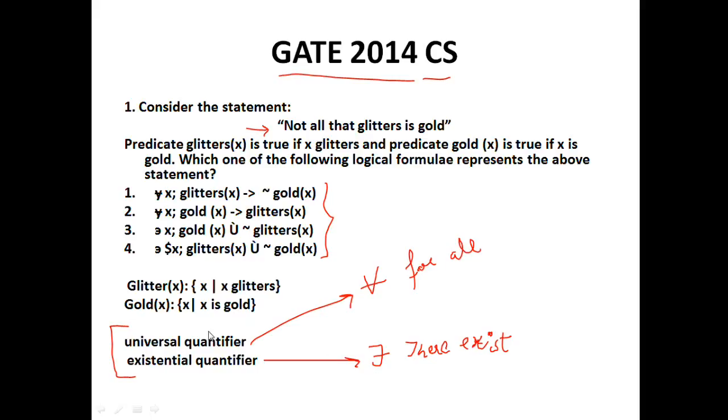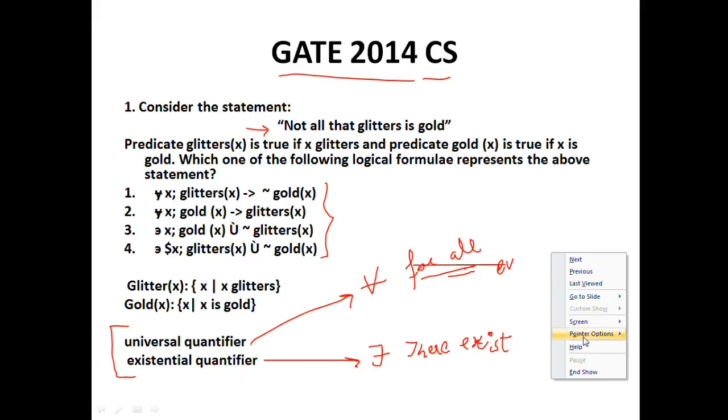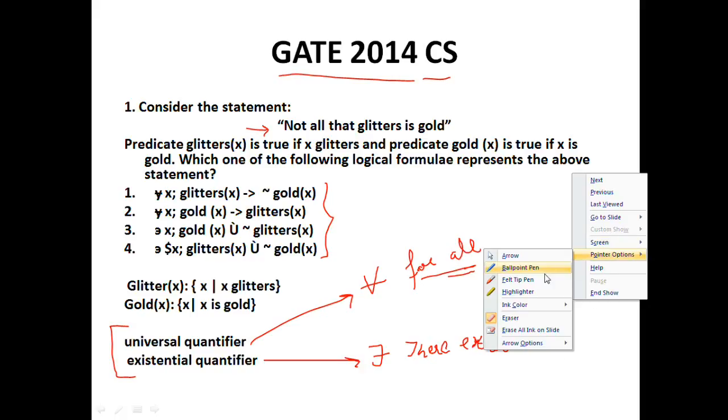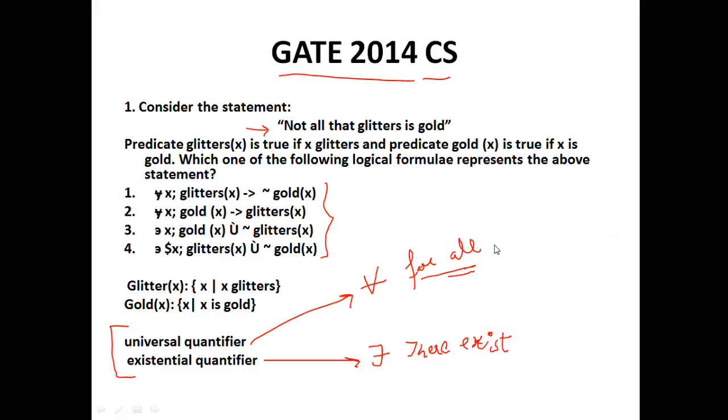So the universal quantifier, what do we mean by universal quantifier? That means it needs to be true for everything, for all, for any value that comes.